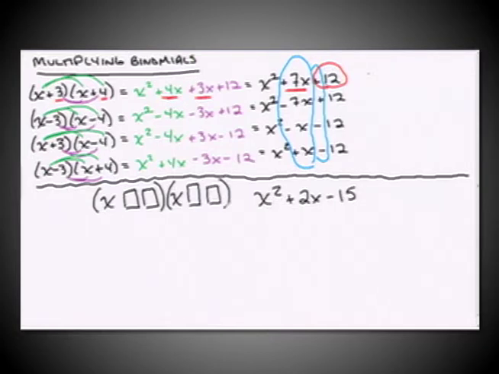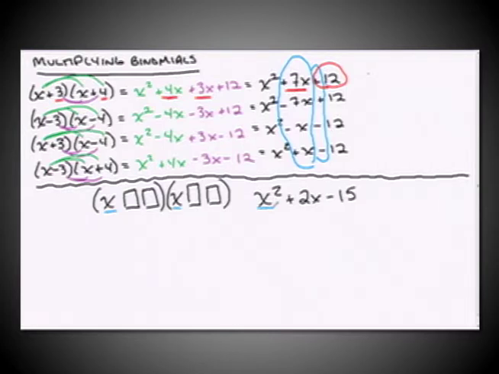And then I have some sign in the center, either plus or minus. And then I have values sitting in the last space there. So I know that when I multiply my x's together, that's what's going to give me that first x squared term, just like it did in all of the examples above. So I just need to figure out what sign I need in the middle and what values I need on the end.